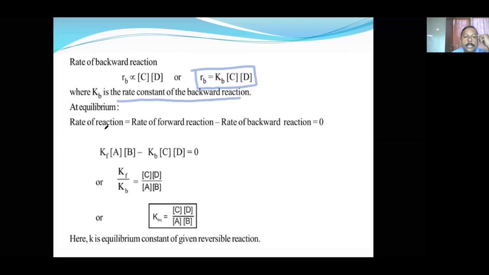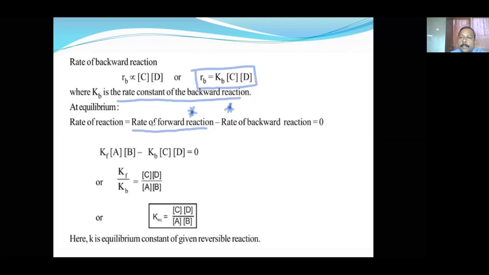At equilibrium, if the reaction occurs at different rates, the net rate of reaction will be the rate of forward reaction minus the rate of backward reaction. This is very useful, not in this chapter, but in chemical equilibrium.